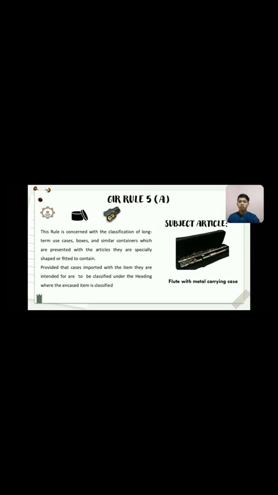Subject article: flute with metal carrying case. Flutes are classified under heading 92.05, which covers wind musical instruments. This flute was imported and presented at customs encased in its metal carrying case, which is sturdy and designed for the instrument's protection during storage or transport.